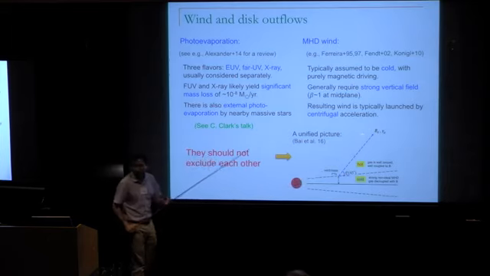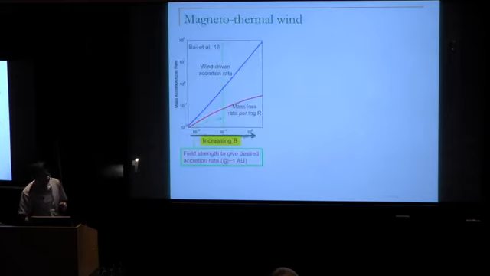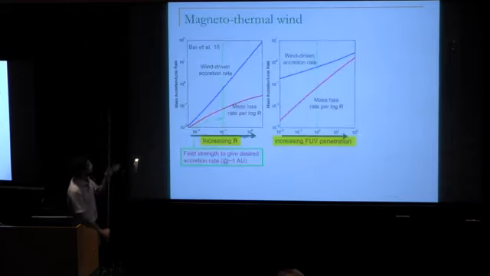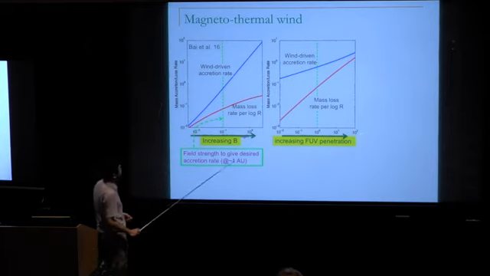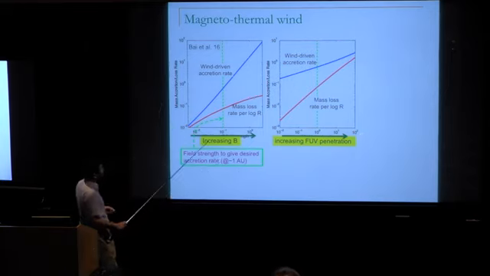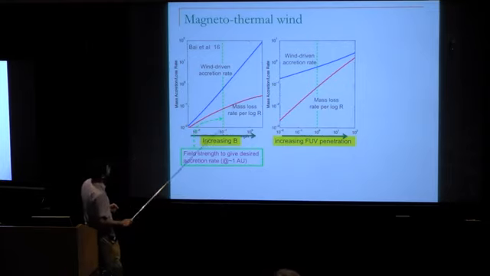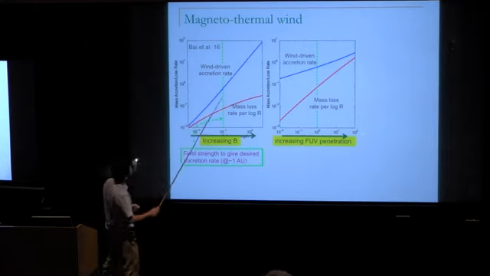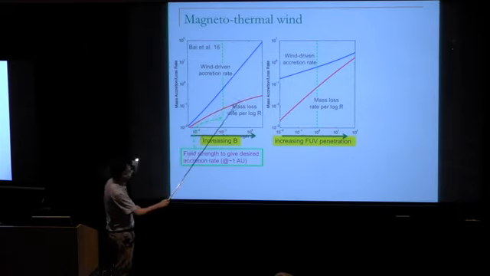And the level of heating may likely affect the gas kinematics. Here's a semi-analytical model, and I'm just showing the 2 main parameters in that simple model: the magnetic field strength and how much far UV is able to penetrate. We find that if you increase magnetic field strength, the wind-driven accretion rate increases, and the wind mass loss rate also increases, but more slowly.